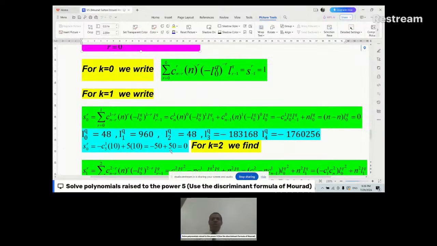Now, learners, we are going to focus on S0 for the q.